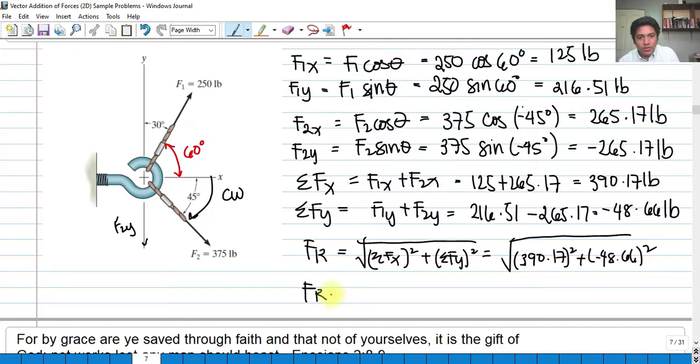And our resultant force in terms of its magnitude is 393.12 pounds. So this would be pounds.